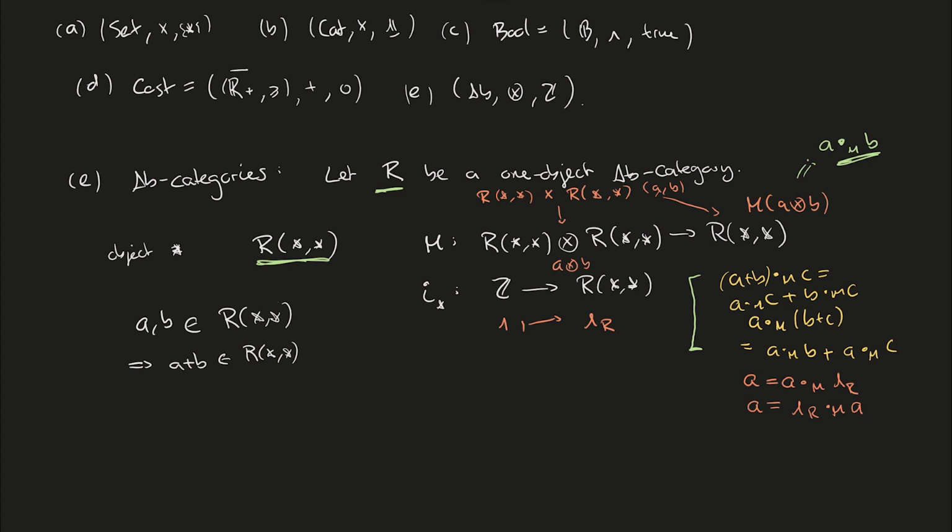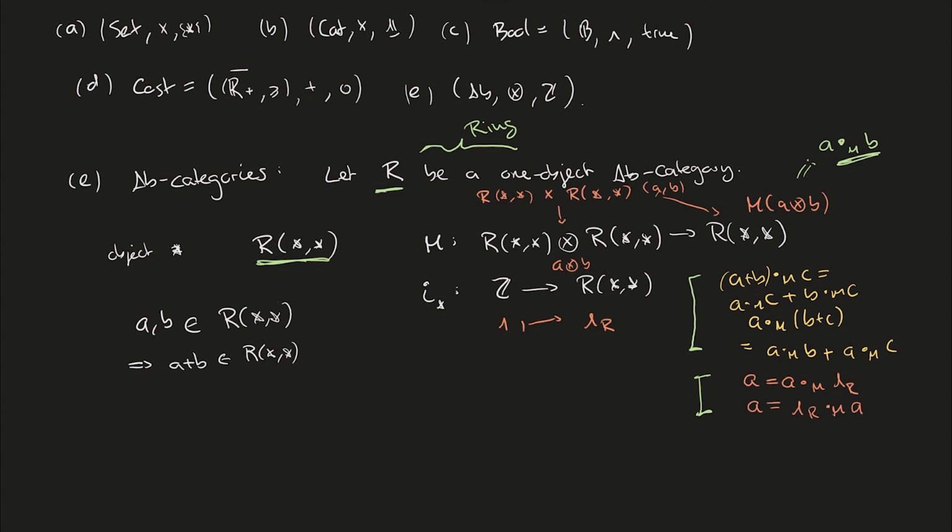And moreover, we have a unit for the multiplication, which is a unit on both sides. This unit is just given by the image of the element 1 of Z under the identity map. So in fact, our one object AB category is just a ring.